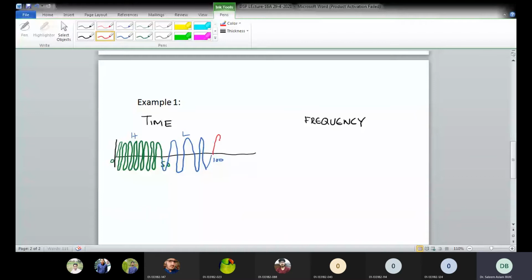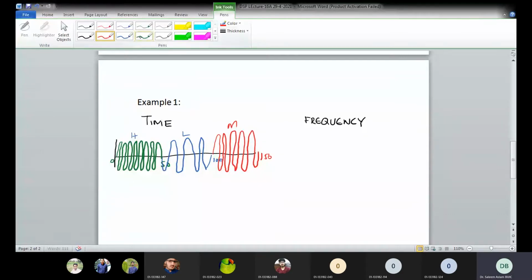Let's assume we define medium frequency like this. So clearly, let's assume this is 150. So this is some medium frequency.